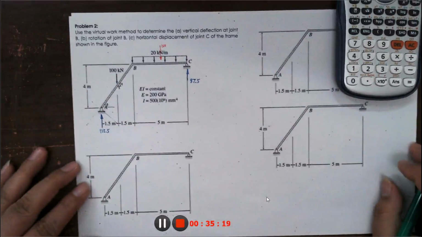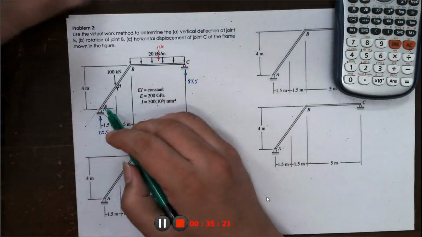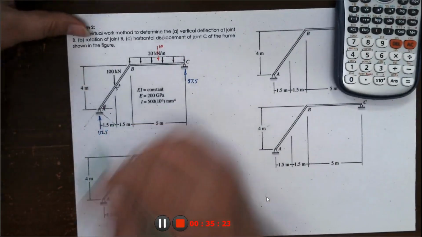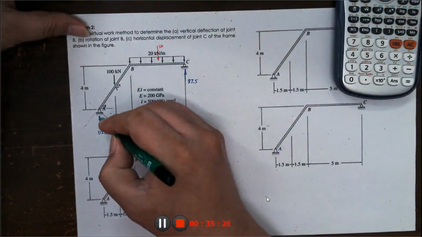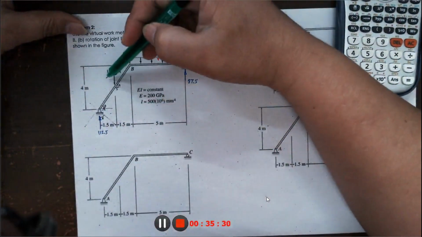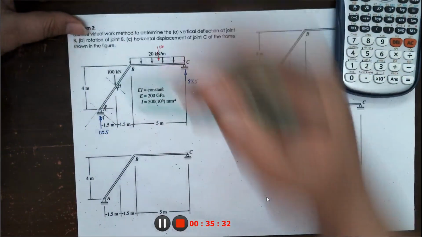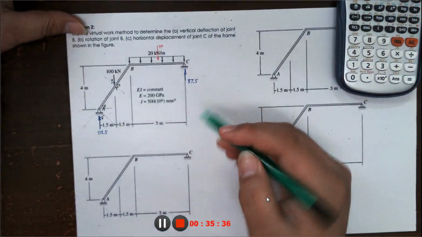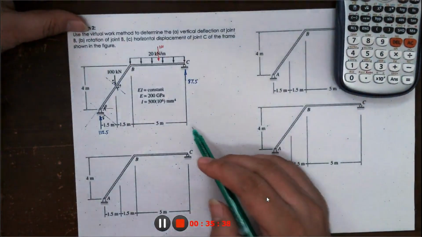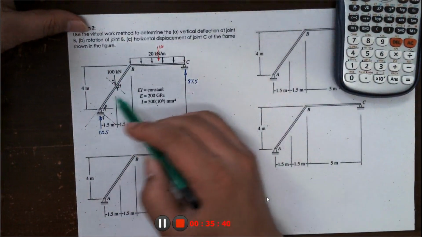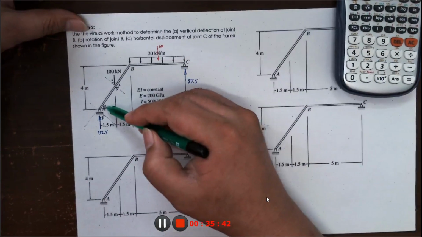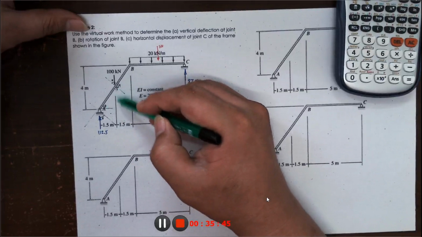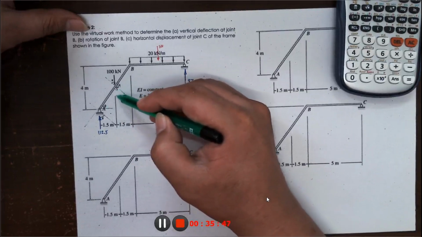So theta here, and then theta for them. Same also, theta too. So when this is theta, this is from the vertical, this is 90 minus theta.